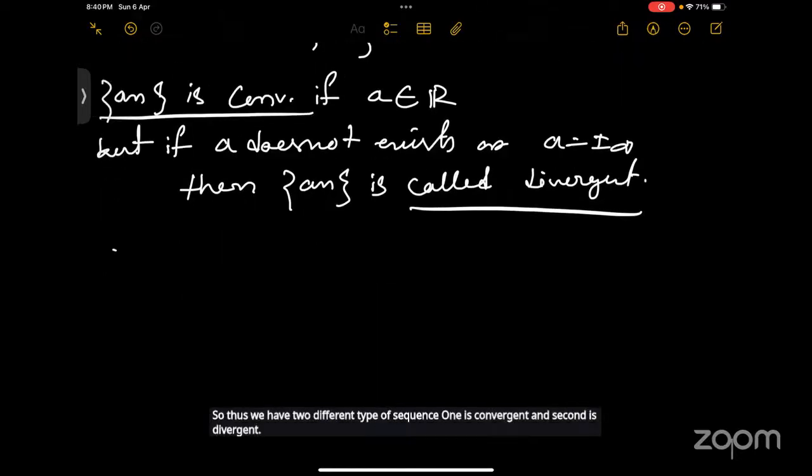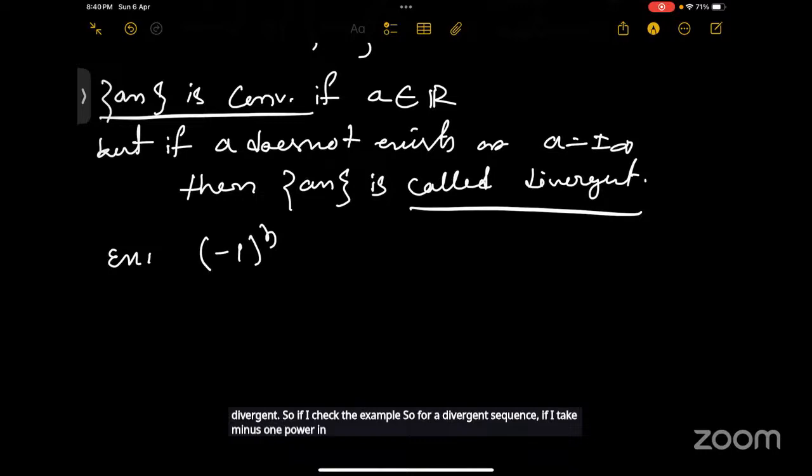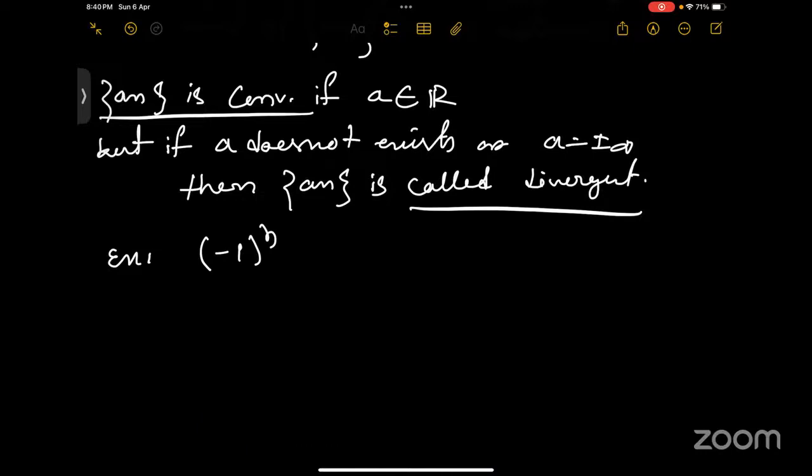For a divergent sequence example, if I take minus 1 power n, can I find any number such that the sequence is tending towards that number when n is tending towards infinity? No, because it will keep on cycling, like minus 1, plus 1, minus 1, plus 1. Correct. At infinity, it can be anything, plus 1 or minus 1.